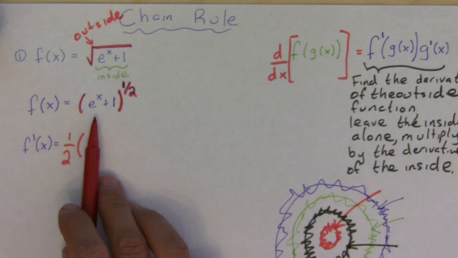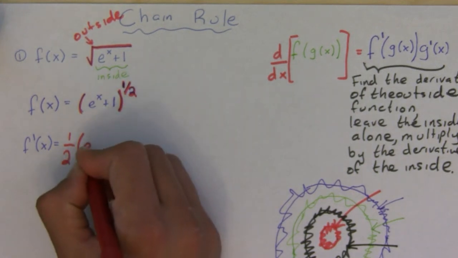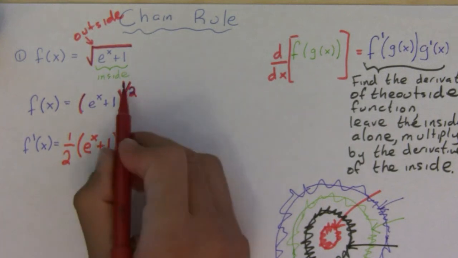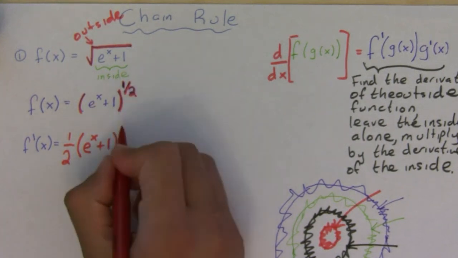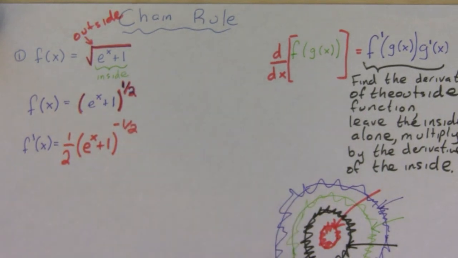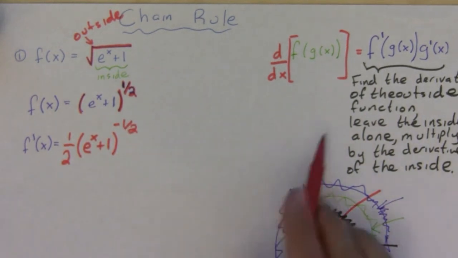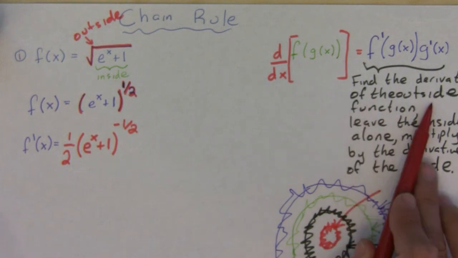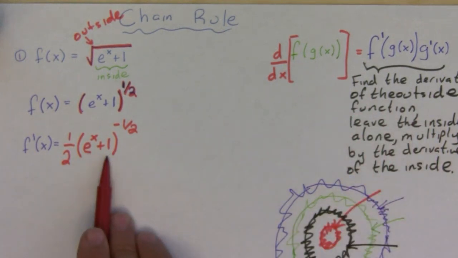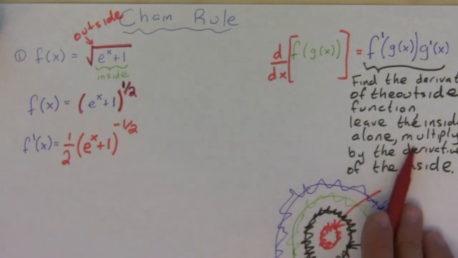And then remember, you leave the inside alone. And then you subtract 1 from the exponent. So 1/2 minus 1 is minus 1/2. Okay, so this is what we just did. We found the derivative of the outside function. We left the inside alone, which is right here. And then now we're going to multiply by the derivative of the inside.